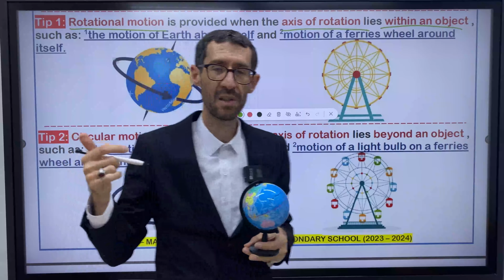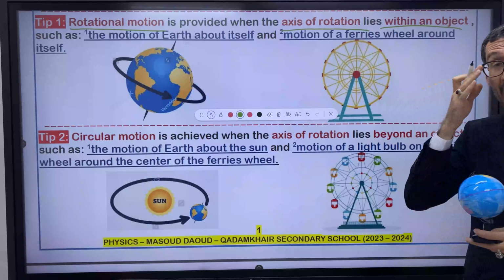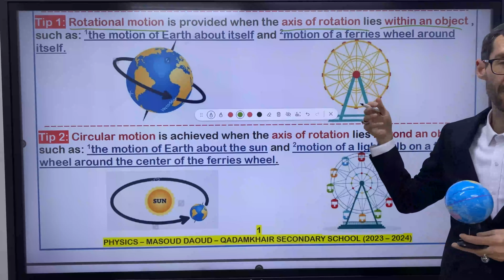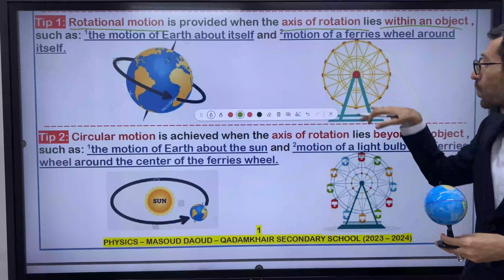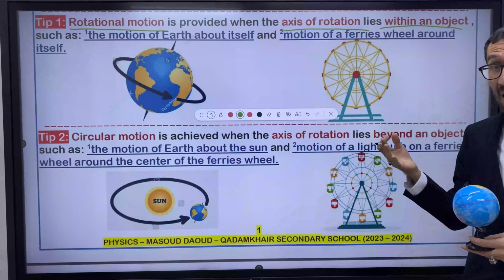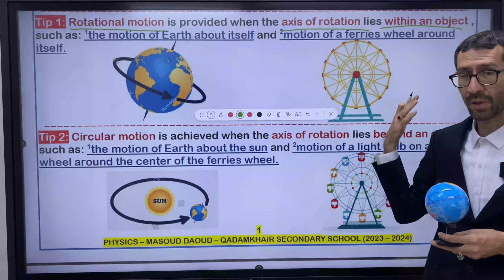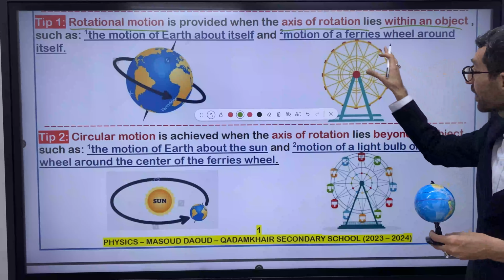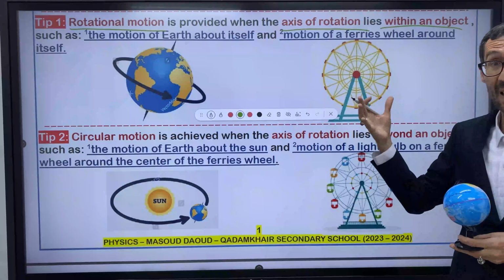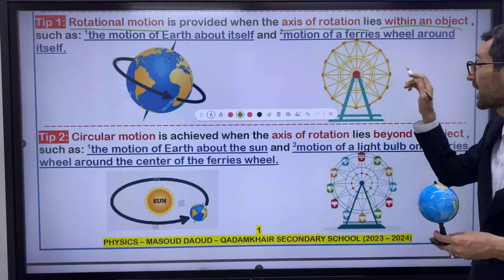Don't say, teacher, it has a lot of seats and lights on the surface. Don't care about these parts. Just concentrate on the object thoroughly, take it entirely.